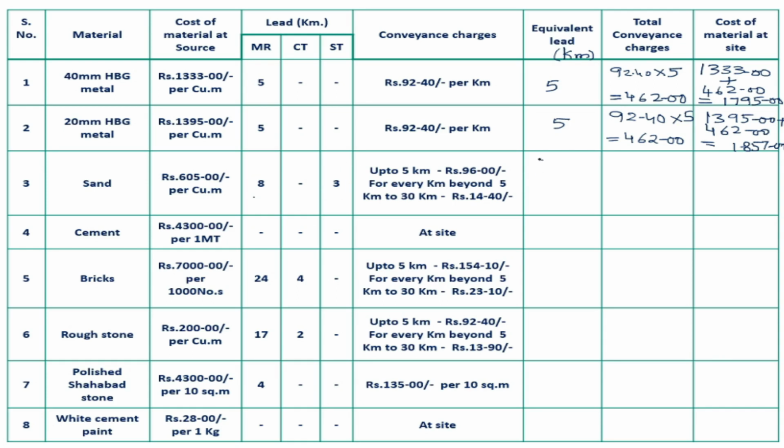Equivalent lead is actual lead into 1.4. 1.4 is the factor. 3 into 1.4 plus metal road distance is 8 kilometers. So 8 plus 3 into 1.4, which is equal to 12.2 kilometers.